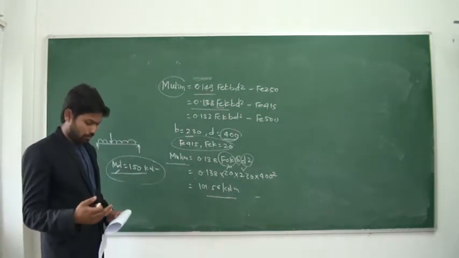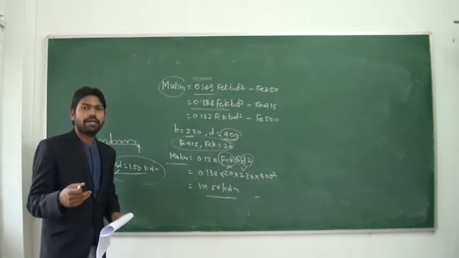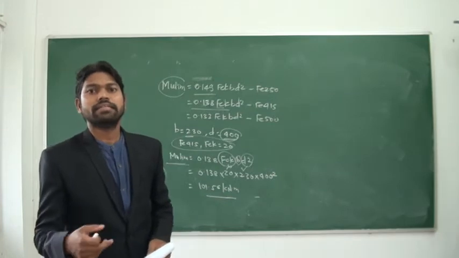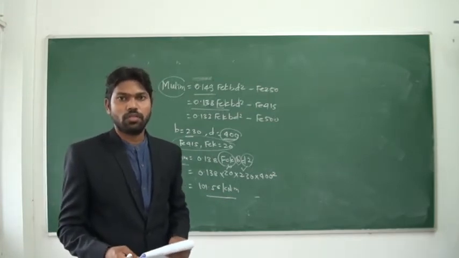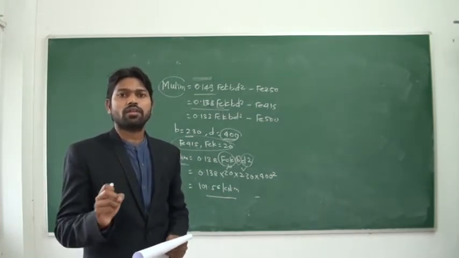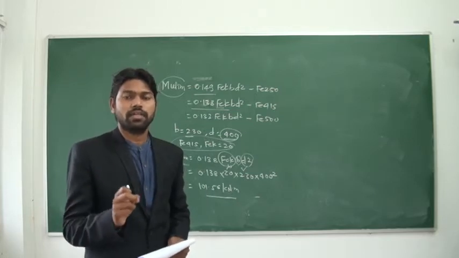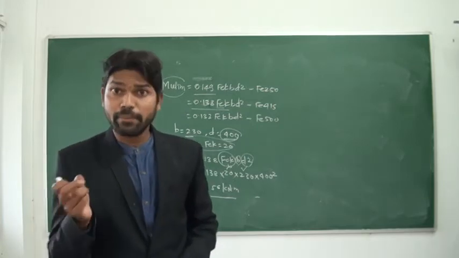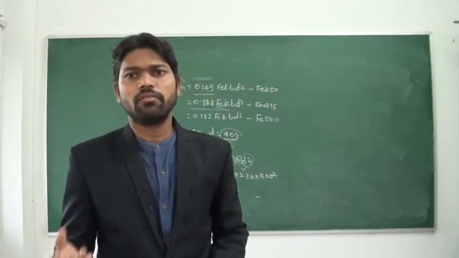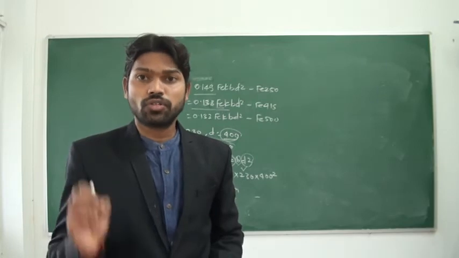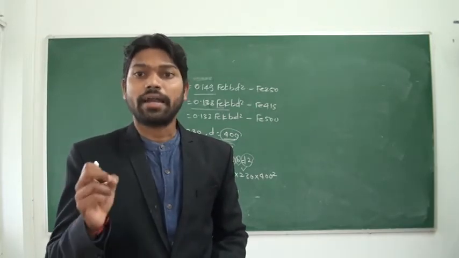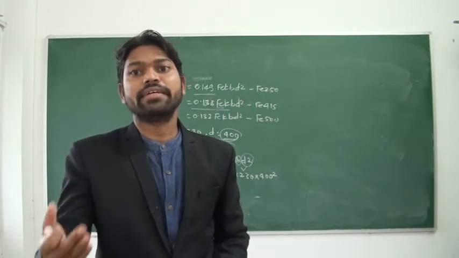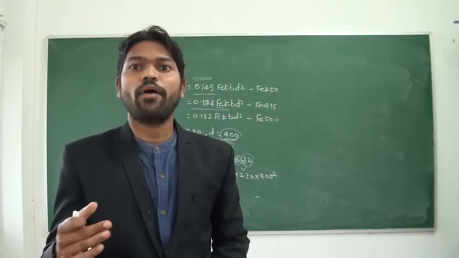In many university exams, they will ask you to write the necessity of a doubly reinforced section. In a single line you can write the necessity as: when the dimensions of the beam, including width as well as depth, are restricted due to an architectural aspect, in that case we cannot increase the MU limit value beyond a certain limit.